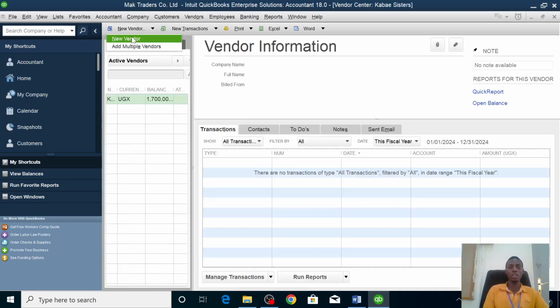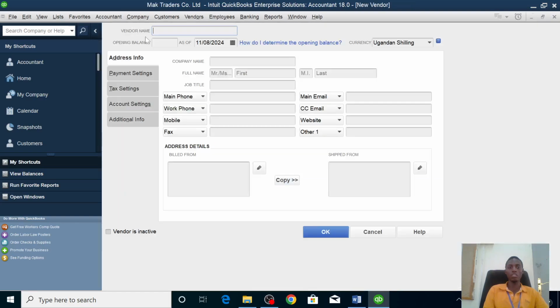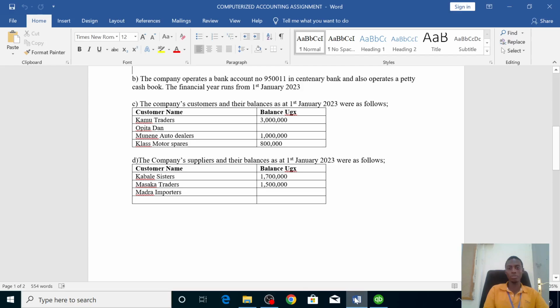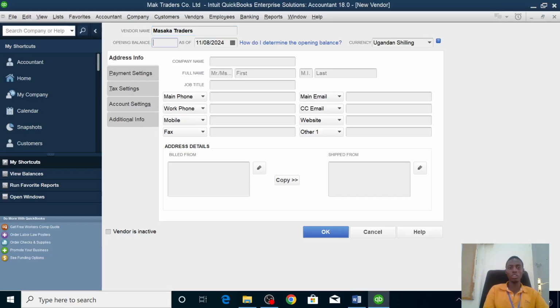Next supplier, I have Masaka Traders. They have an opening balance of 1,500,000. The date is as of 1st January 2023.